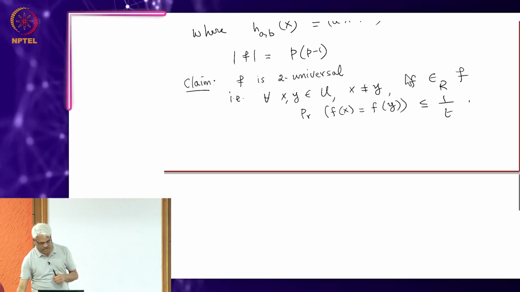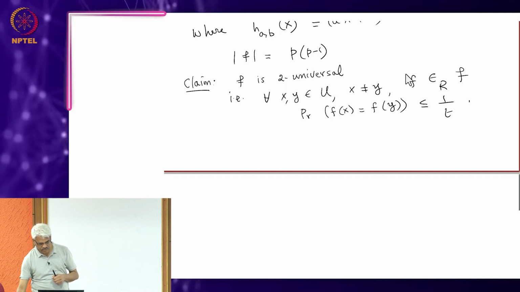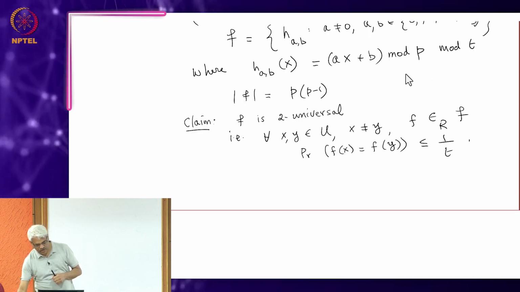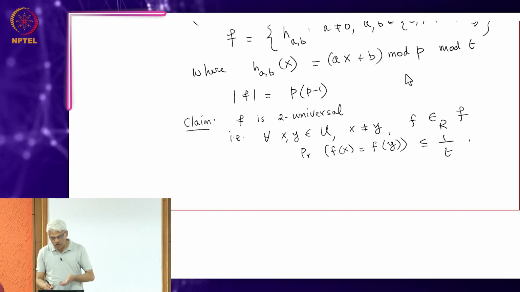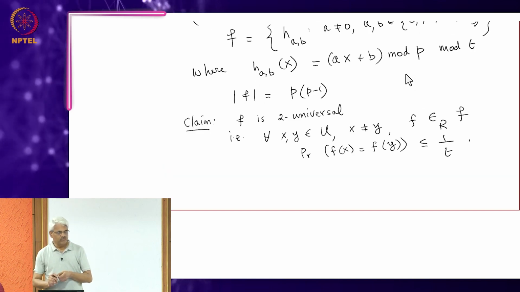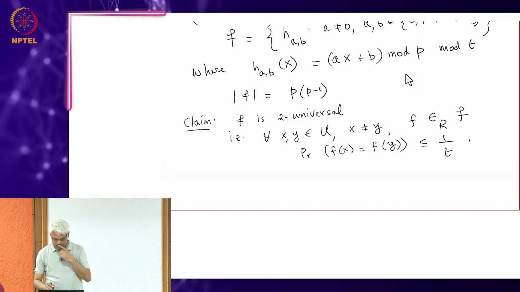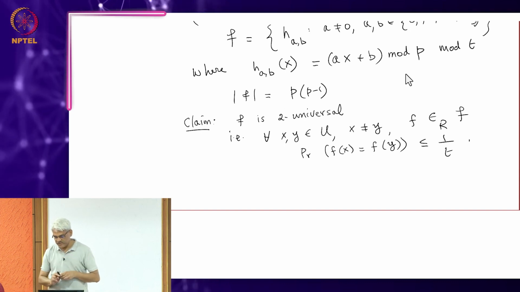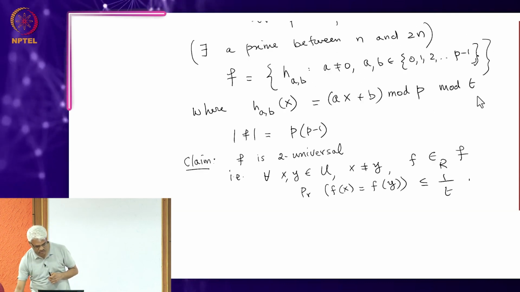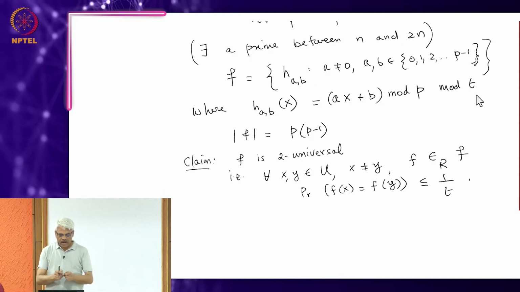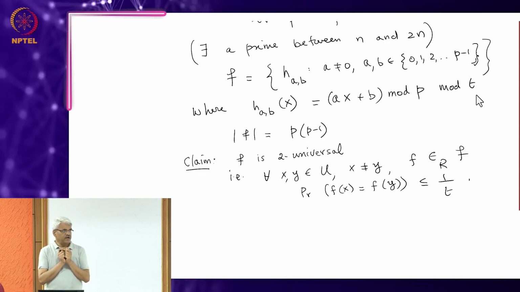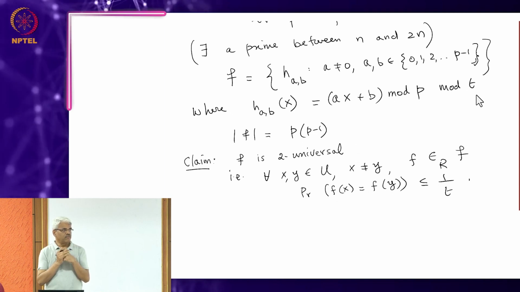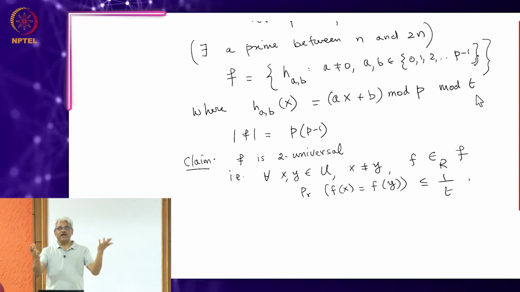Okay. So, if I have to know f, what do I need to know? Look at this family definition. A random function from this family means what? A random, b random, that is all.